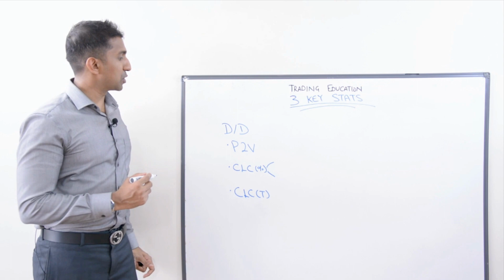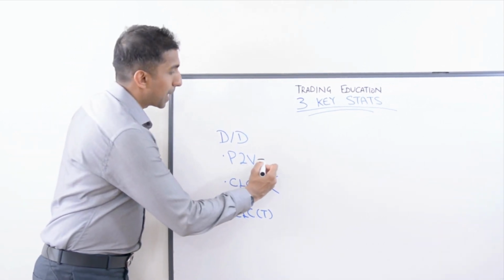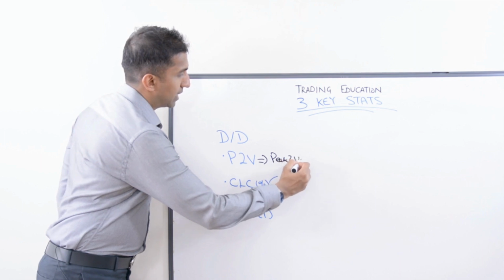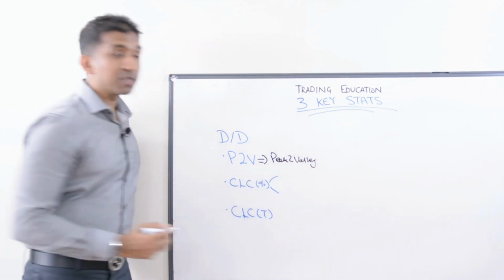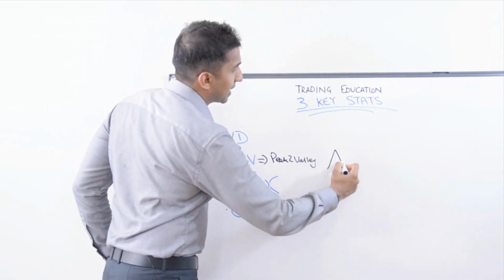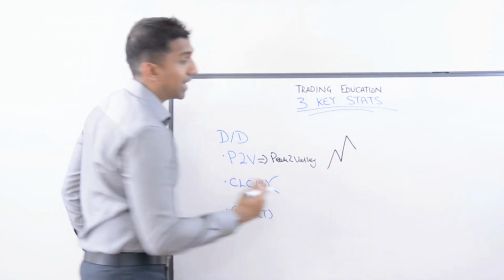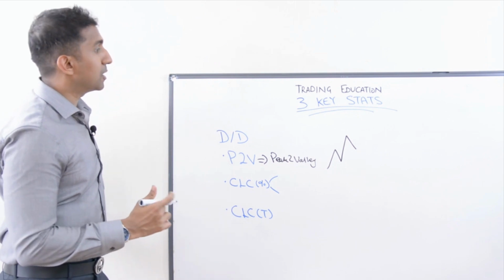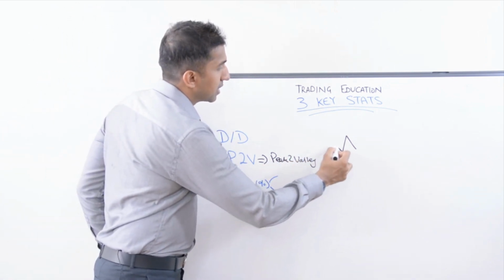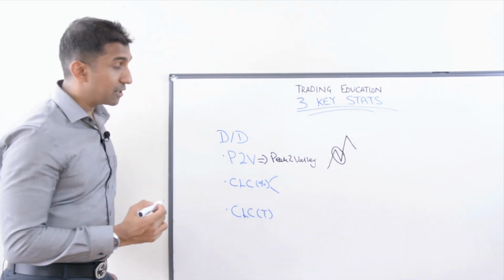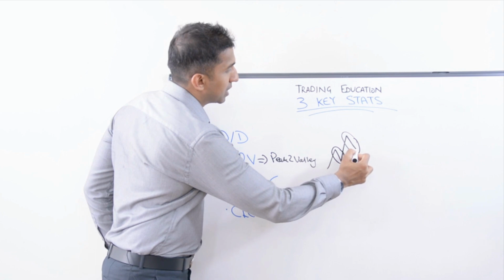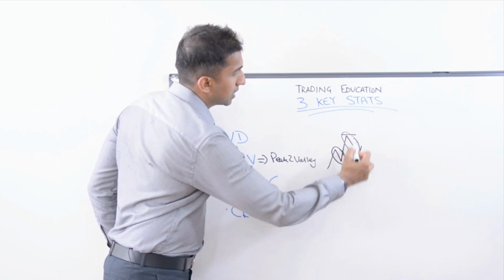Now, let's look at the first type of stats that we need to look at in the drawdown stats. The first thing you need to look at is what we call the peak to valley drawdown. Put in terms of an equity curve, you're looking at the part of the equity curve which gives you the largest peak to valley drawdown, that is from here to here.